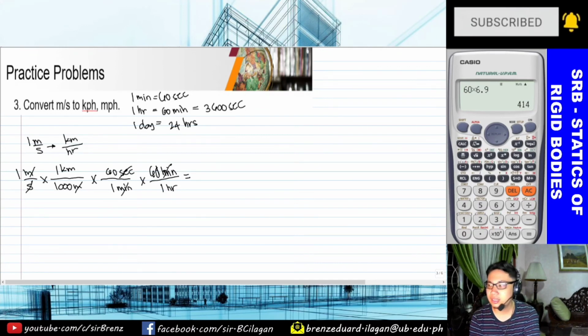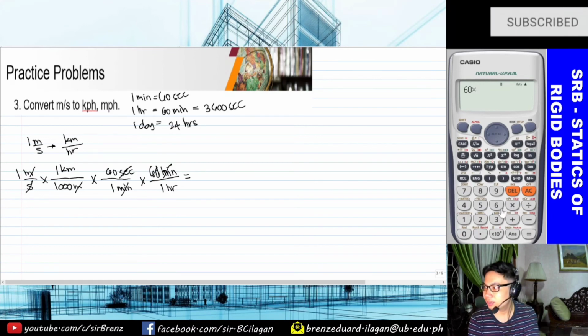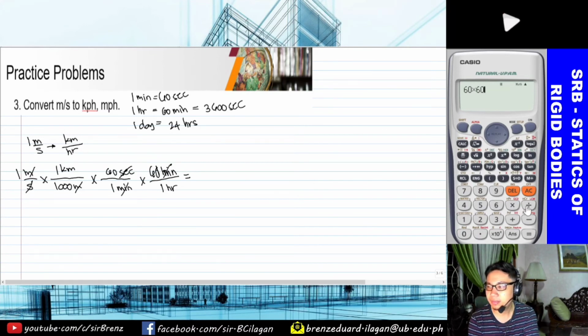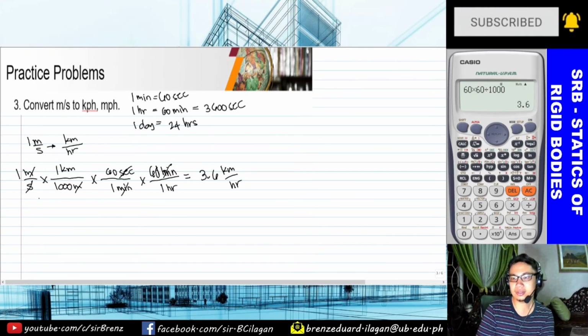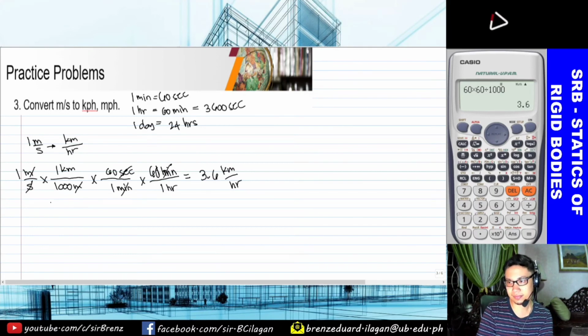So, 60 times 60, then divided by 1,000. That is 3.6 kilometers per hour. And then yung sunod, ano ba yung sunod natin?